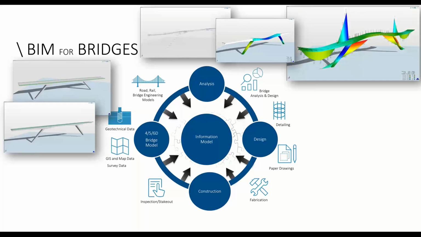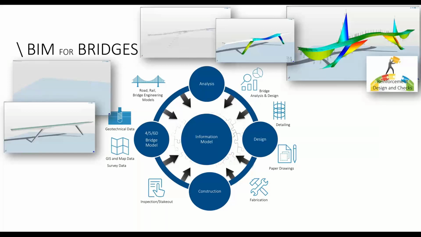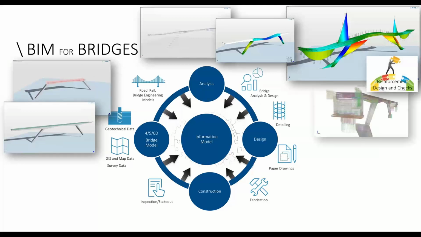When we are then performing the analysis, we are putting the loads on it, which is done more or less automatically by the program. The results of this calculation are stresses and forces. Based on these results, we can then do the design checks and the reinforcement design.